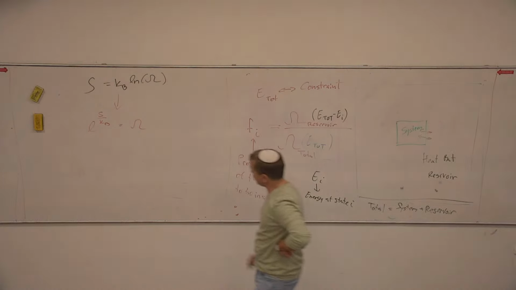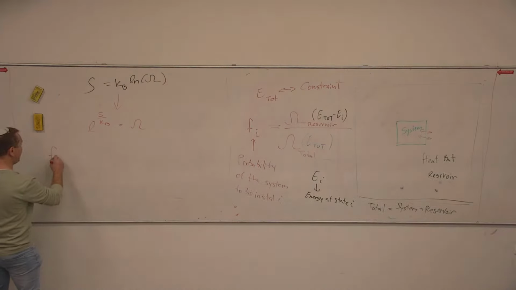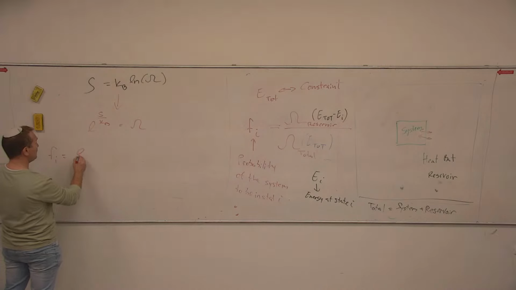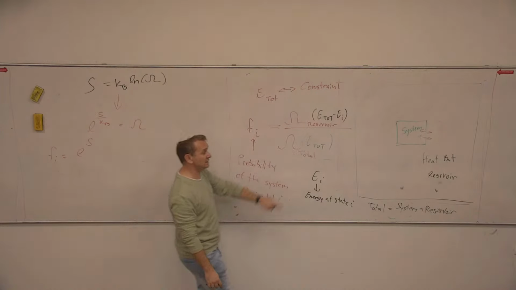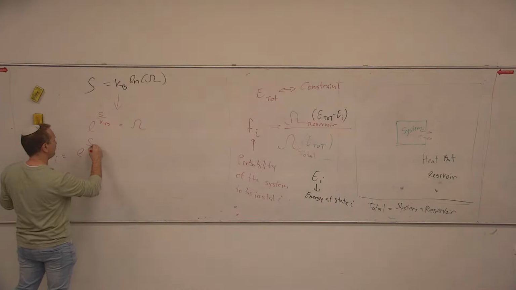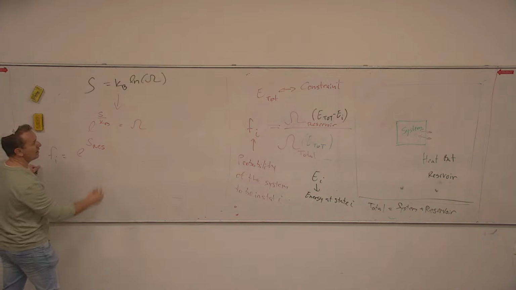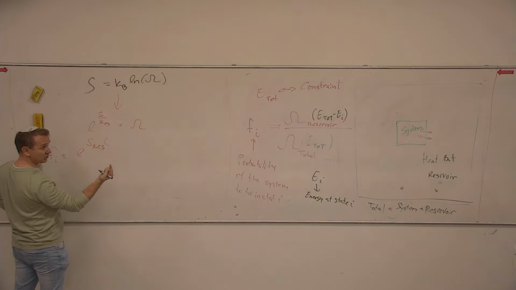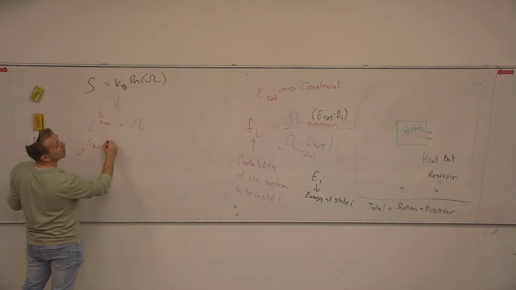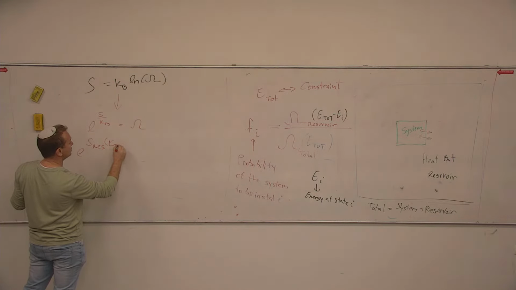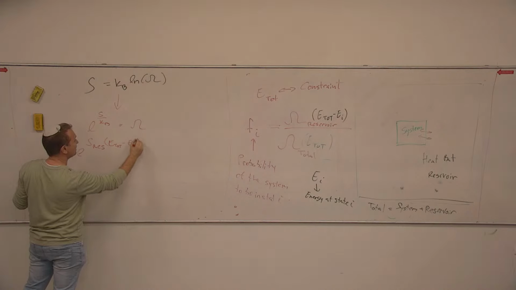So what we obtain is that the probability of state I equals e to the power of S. Now it's not S, it's the global S. It's S of the reservoir, where you have to define an energy for a specific entropy, E total minus EI.